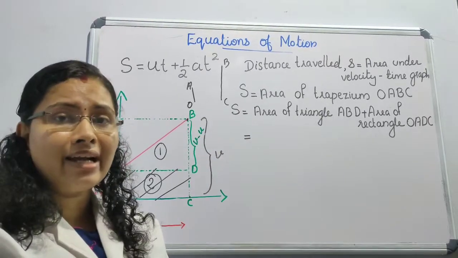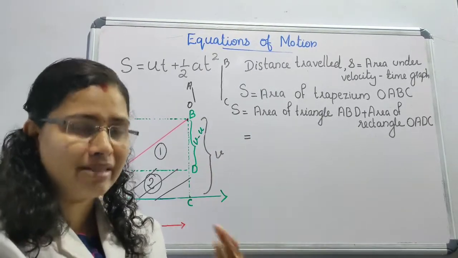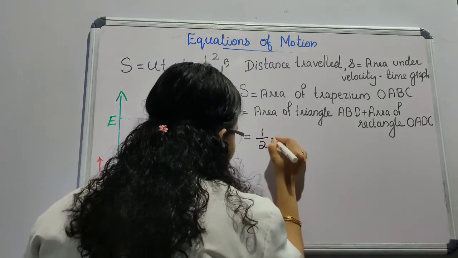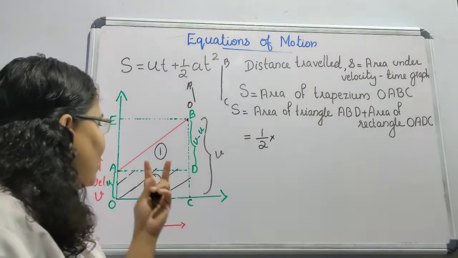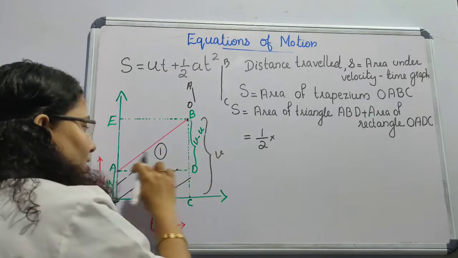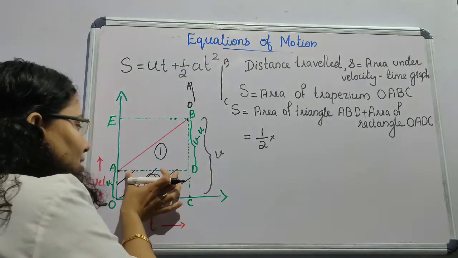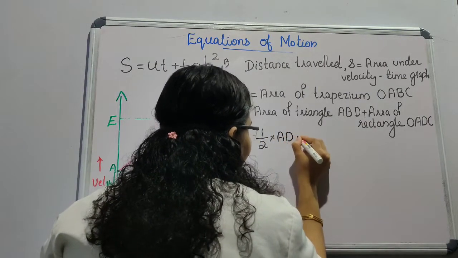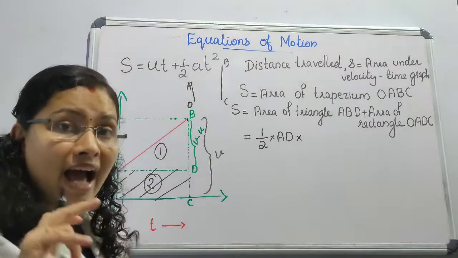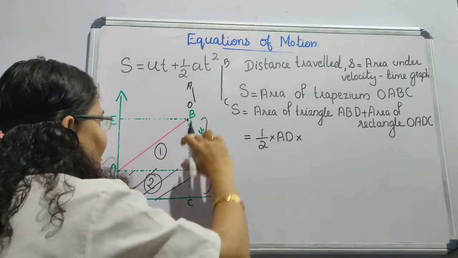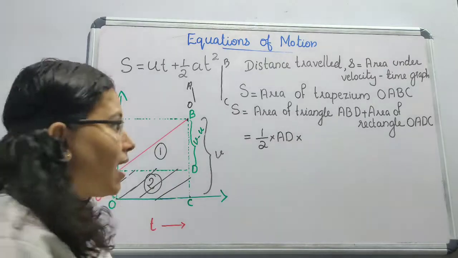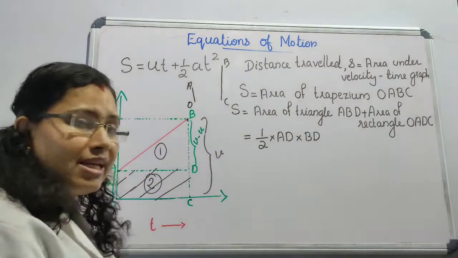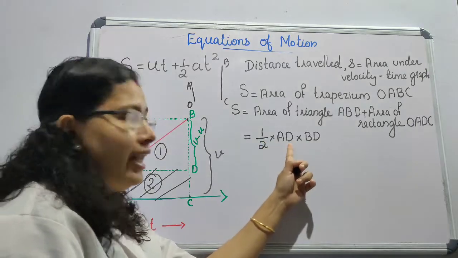What is the area of a triangle? It is half into base into height. What is the base of this triangle? The base is AD, and the height of the triangle is BD. So I am writing half into AD into BD.